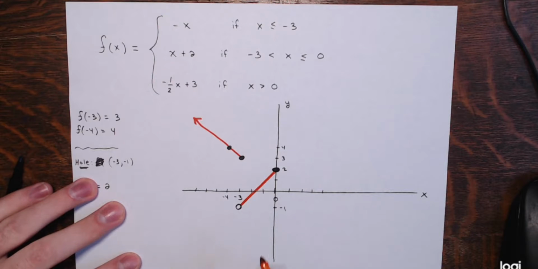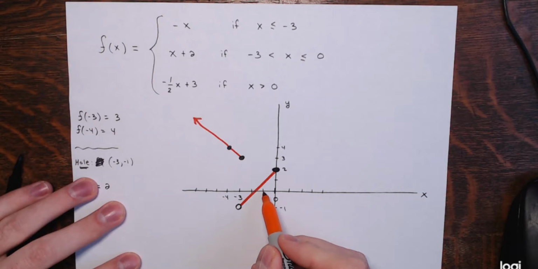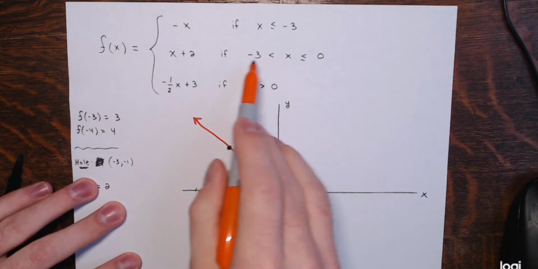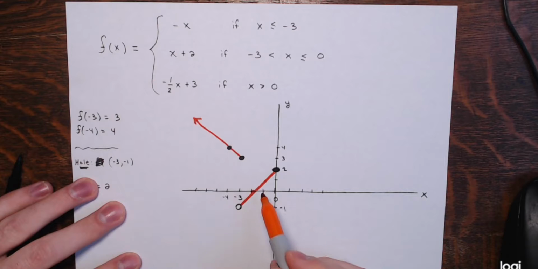You'd have negative 1, 1, right, is on here. Negative 2, 0 should be on here. Right? If you plug in values between negative 3 and 0, you just add 2 to them. Negative 1, 1, negative 2, 0, negative 1.5, and then you get 1/2, whatever.